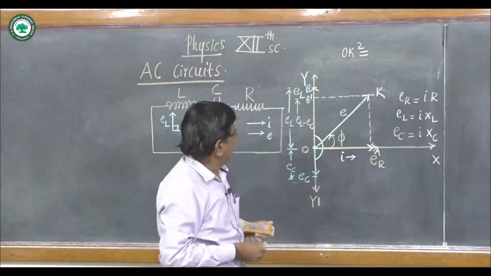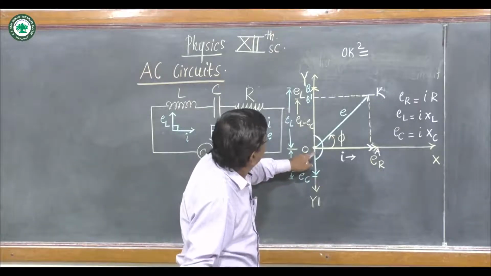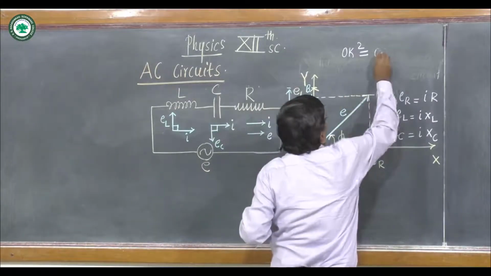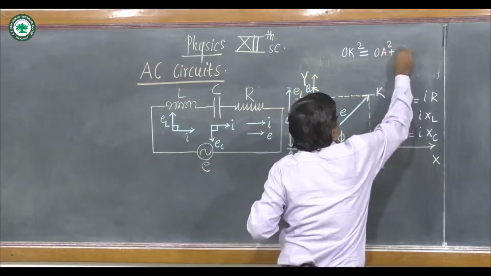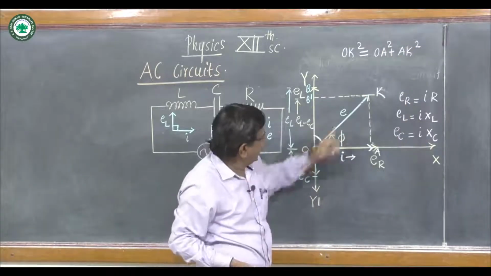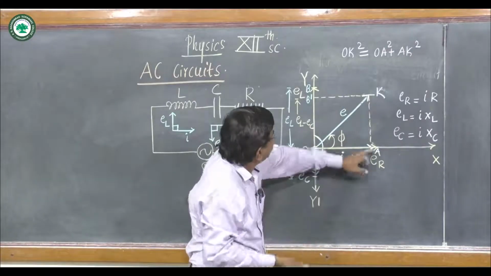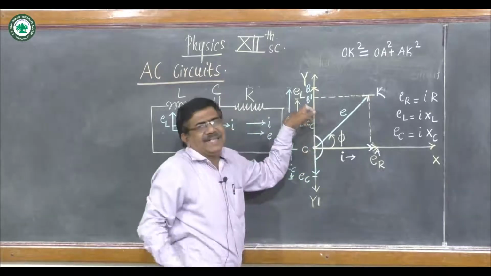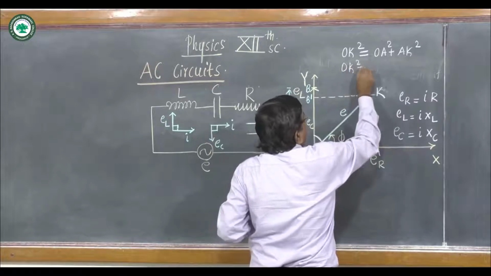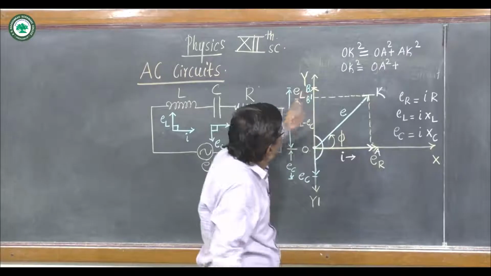From the figure, OK square is equal to OA square plus AK square, but this AK is OB dash, so OK square is equal to OA square plus OB dash square.